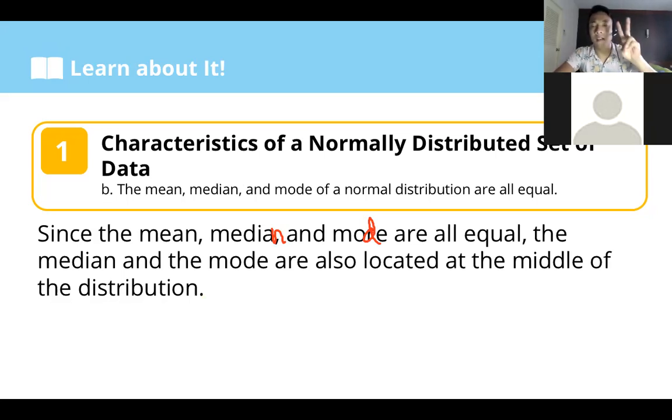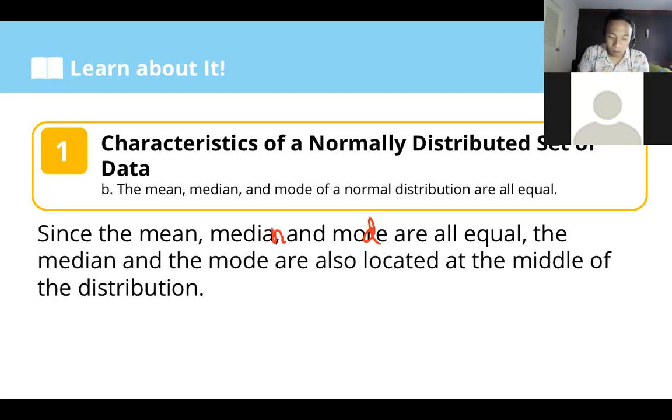So the second characteristic of normally distributed data is that our three main measures of central tendency, the mean, median, and mode, are equal. That means they are all equal.